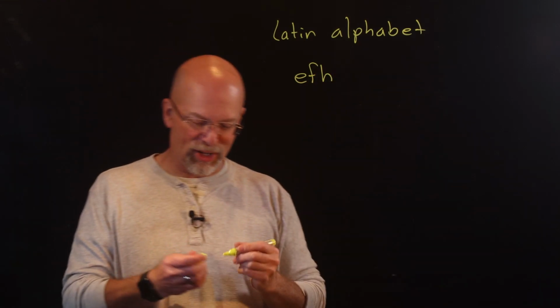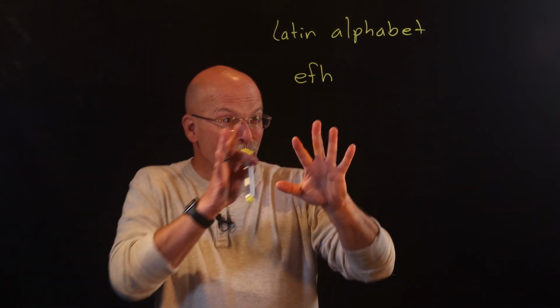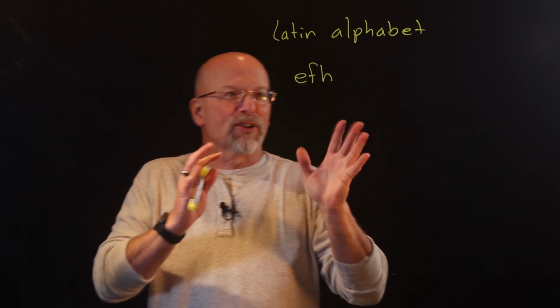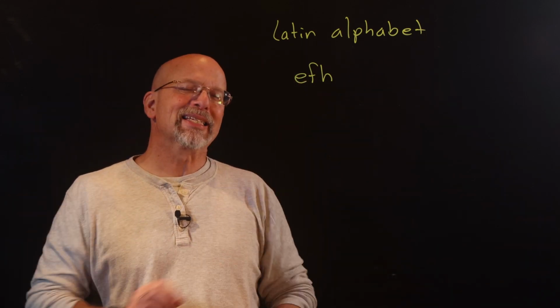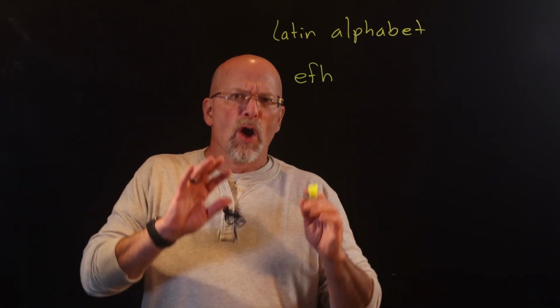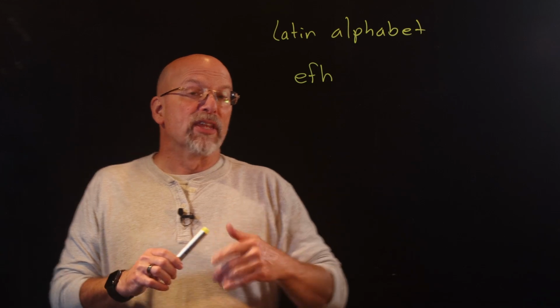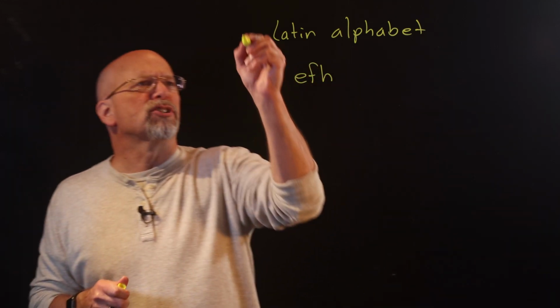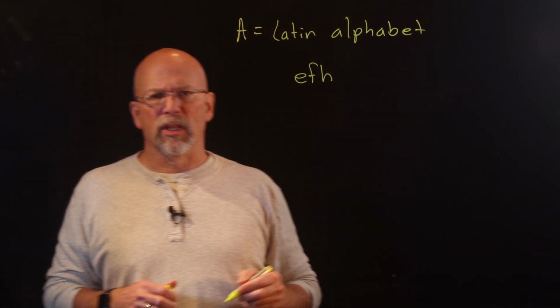There's my regular expression. Now, notice there are no characters, no parentheses, no stars, no daggers, nothing, EFH. What exactly does this regular expression evaluate out to be? In other words, what is the regular set that is generated by this regular expression? And so you have the Latin alphabet. Let's just call this A is equal to the Latin alphabet.